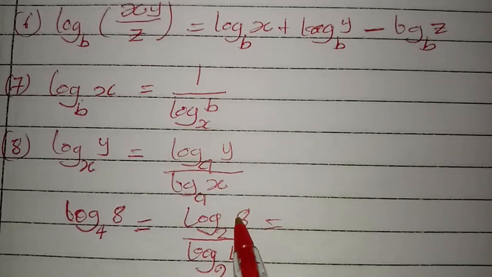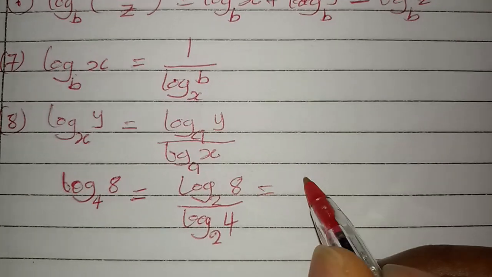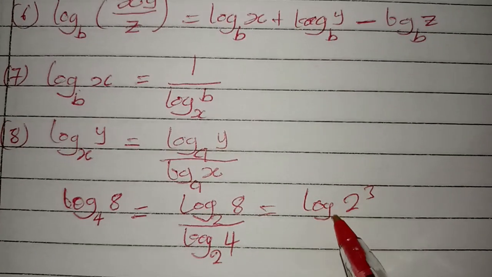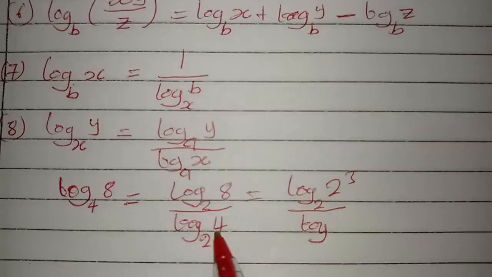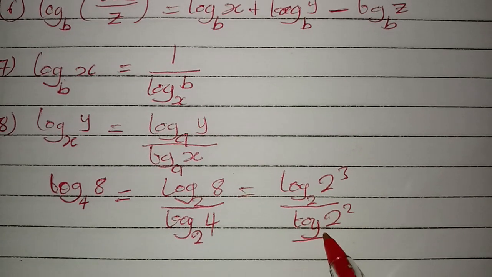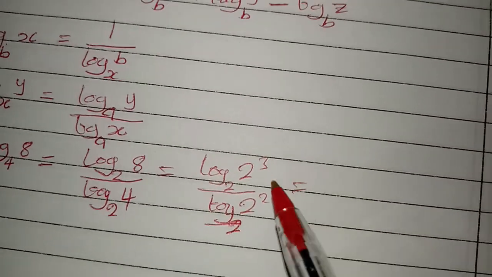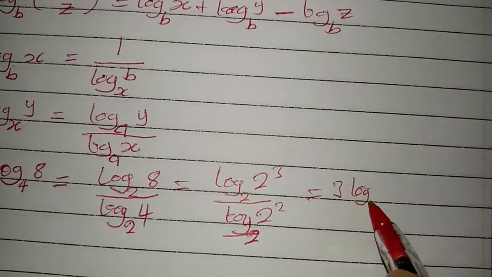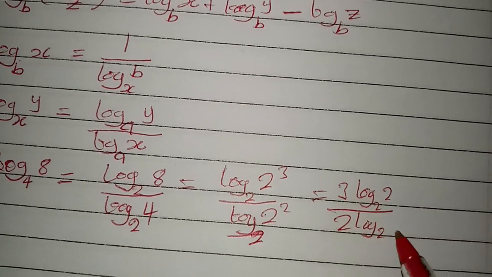And you know this 8 can be rewritten as 2 exponent 3. So we have log 2 exponent 3 to the base 2, divided by the same thing here, 2 exponent 2, log 2 exponent 2 to the base 2, sorry. So here if you apply the law, this exponent will come here, it's going to be 3 log to the base 2 of 2 divided by 2 log to the base 2 of 2.